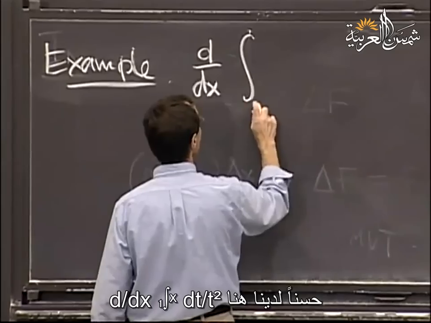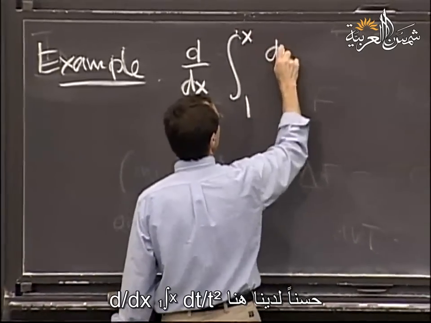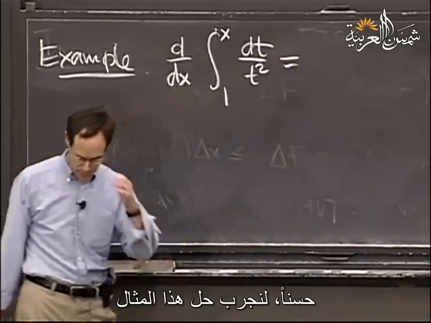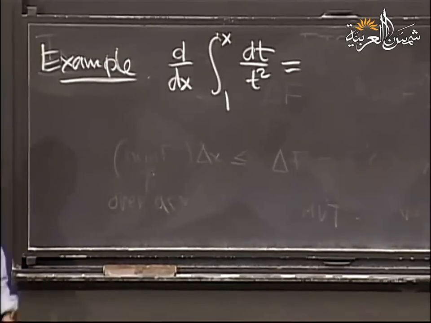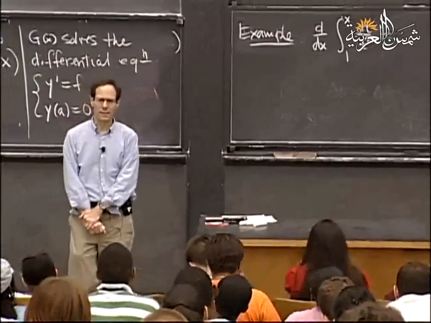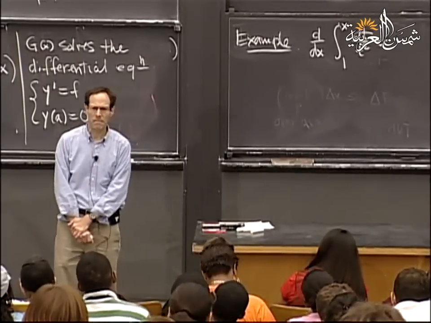All right? So the integral from, say, 1 to x of dt over t squared. Let's try this one here. So here's an example of this theorem, I claim.